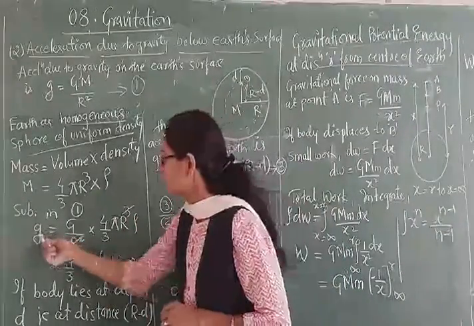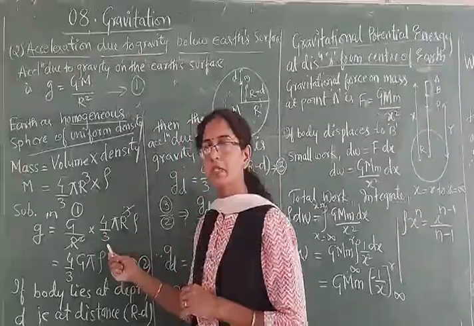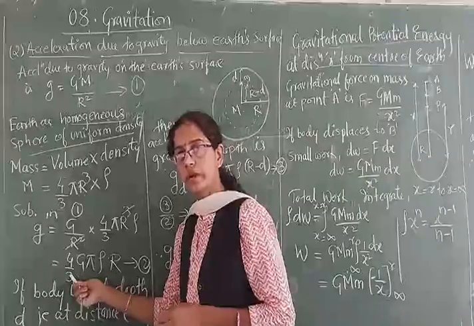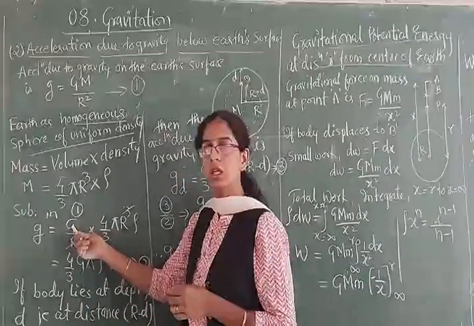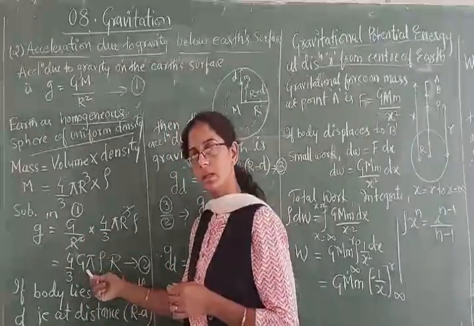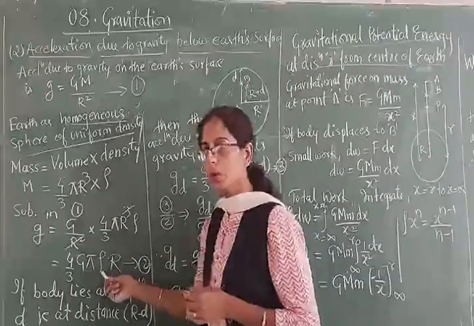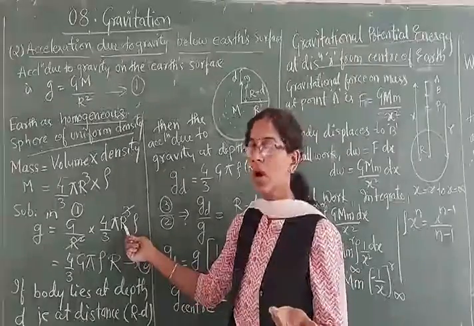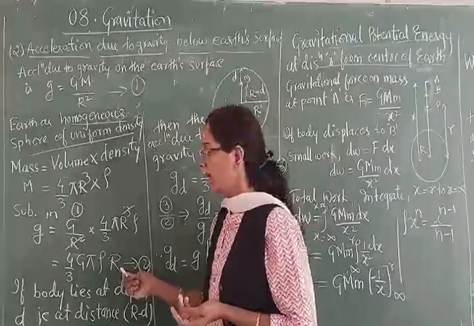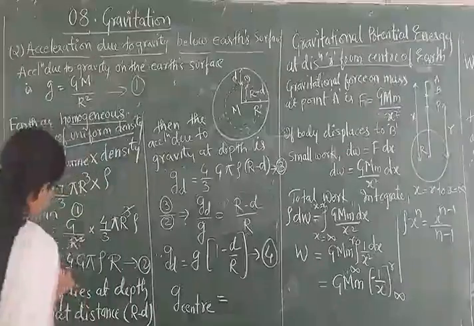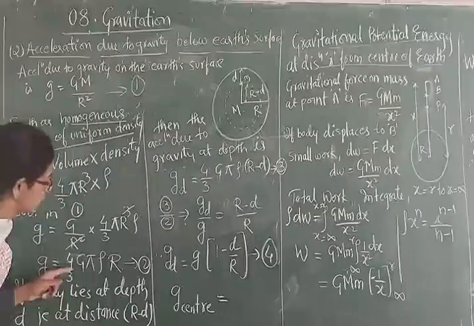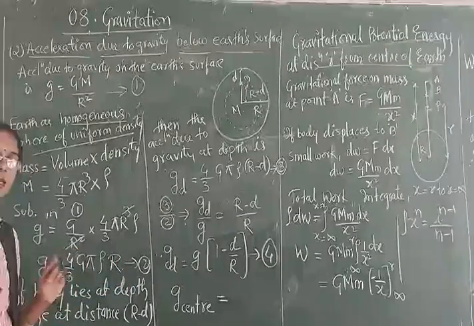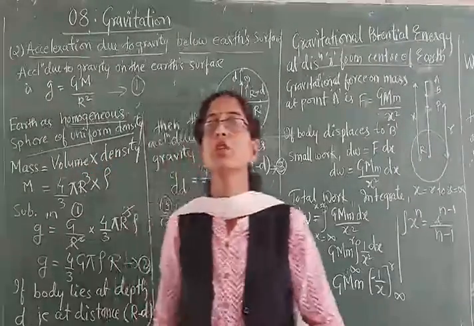The terms remaining in the equation are 4 by 3, the number you take at the beginning, then the constants G, and pi, which is a number constant, and rho, the density. The variable factor, the factor which is changing, is r, so I will write r at the end. Therefore your acceleration due to gravity g will be equal to 4 by 3 G pi rho r. Let us consider this to be equation number 2.